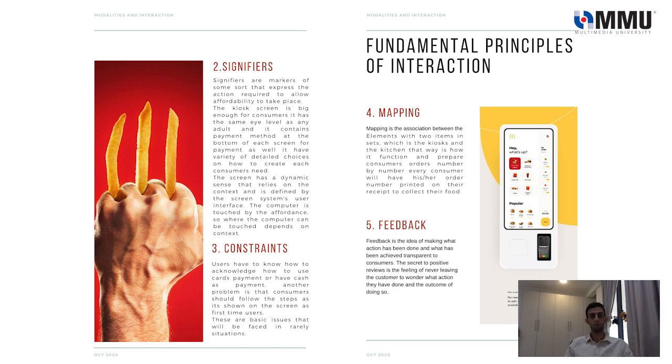Third point, constraints. Some of the constraints are inquiries that the kiosk doesn't handle and that need an actual person to talk to, such as if the user wants to complain about the food, or they can't find a seat, or other inquiries.